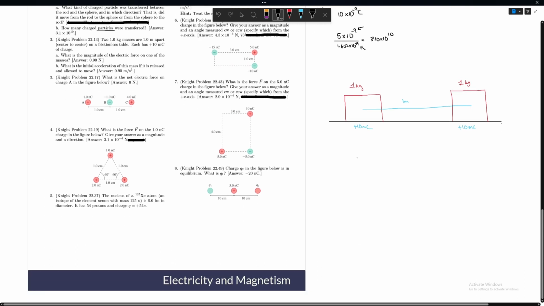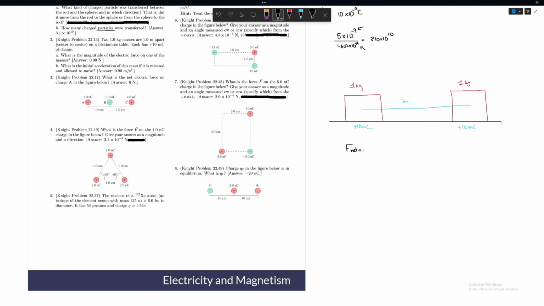Okay. So the equation that we used earlier is F net equals F, let's call this A, and let's call this B. We know it's F of A on B, and F of B on A. This "and" is the equivalent of a plus.